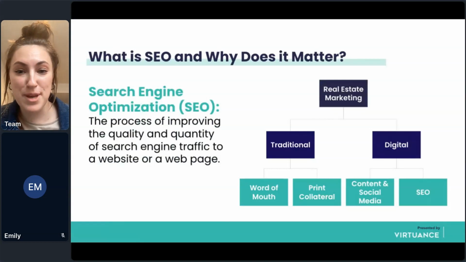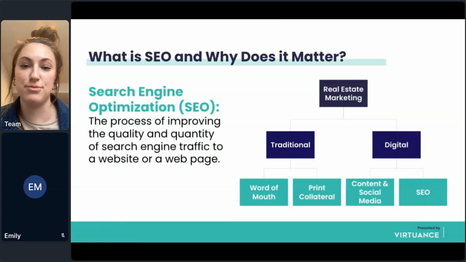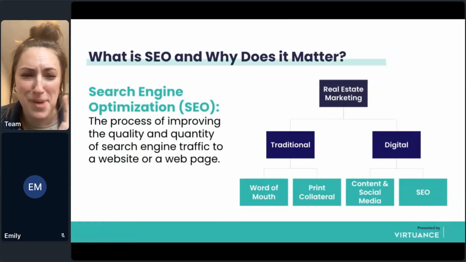The majority of people are going to be selecting a service if it appears on the first couple pages of a Google search. So just for context, please feel free to put this in the chat as well: when was the last time you went to page 12 of a Google search? Ponder on that for a second.